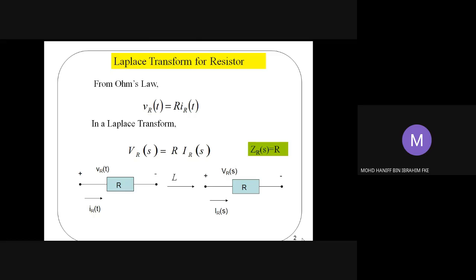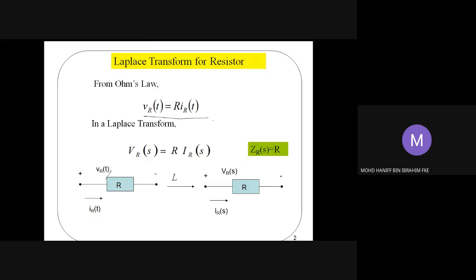Let us proceed with the first slide, on the Laplace transform for the resistor. We have the equation in time domain for the resistor: V equals IR. This is the very familiar Ohm's law.